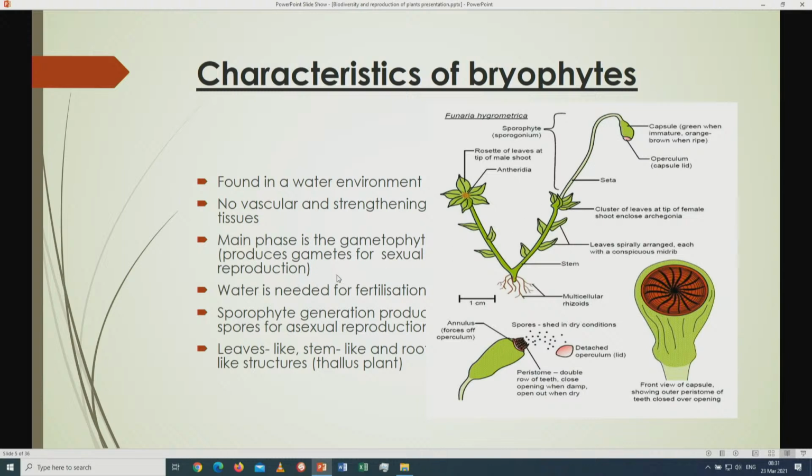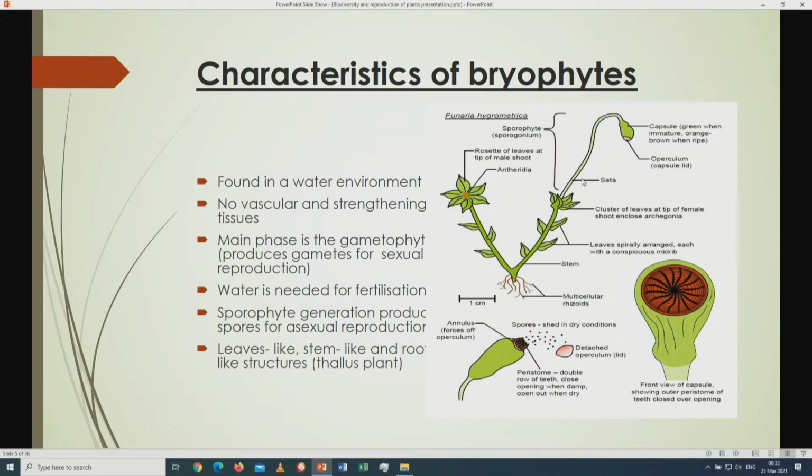In order for sperms to move from the antheridia to the archegonia, where fertilization is going to take place, water is needed. Once fertilization has taken place, a zygote will develop into this structure, which is called the sporophyte. The sporophyte generation is made up of a stalk, which is called a seta, and a capsule, inside which we get the spores.